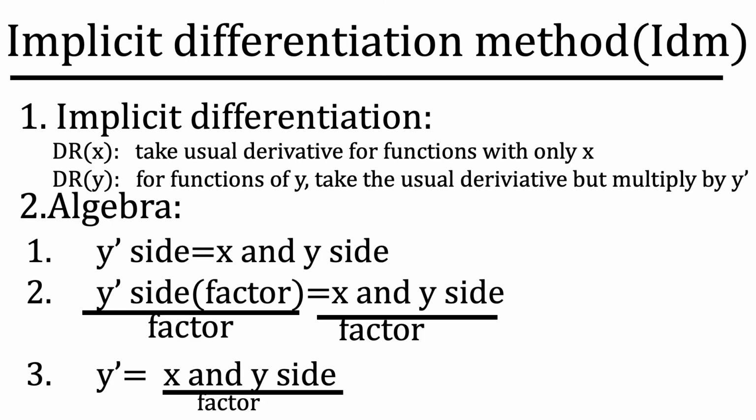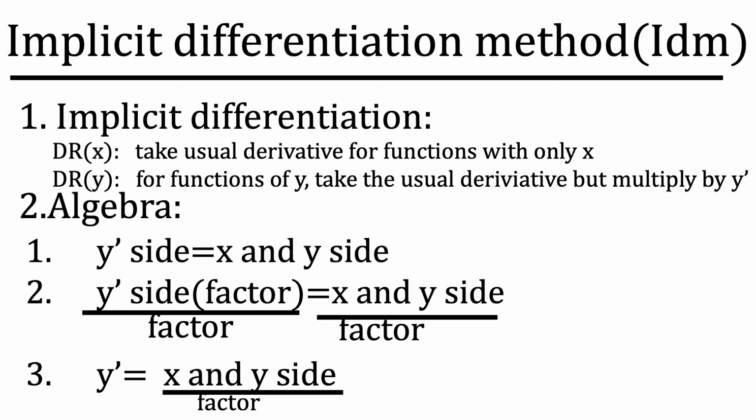here's the implicit differentiation method, or IDM. It has two basic steps with some smaller steps. The two big steps are the implicit differentiation and the algebra. The implicit differentiation is kind of simple. We do the derivative rules necessary for x and the derivative rules necessary for y.